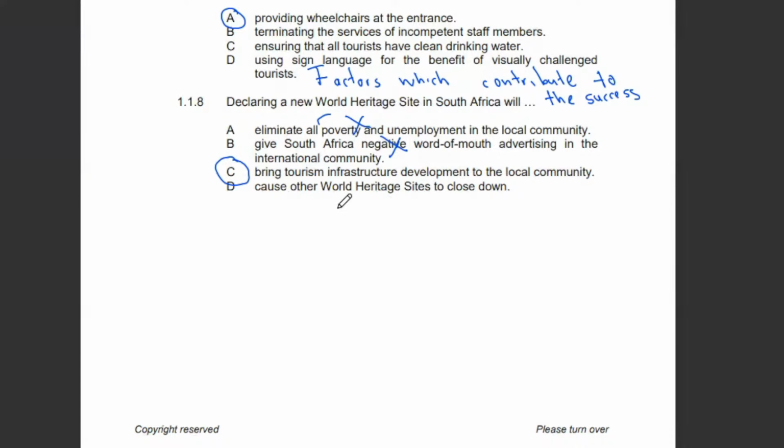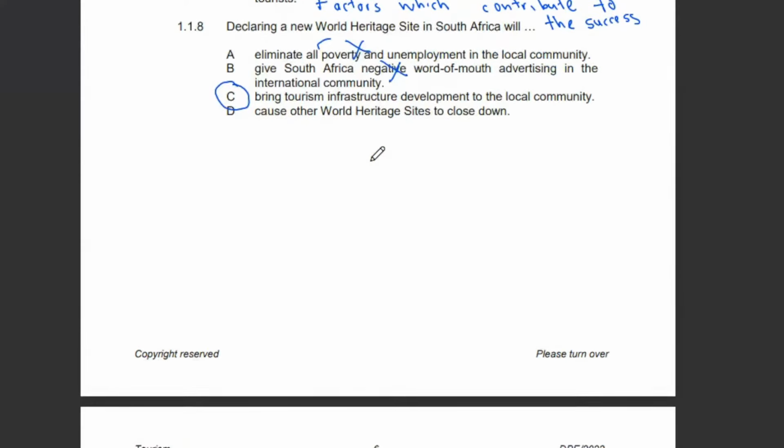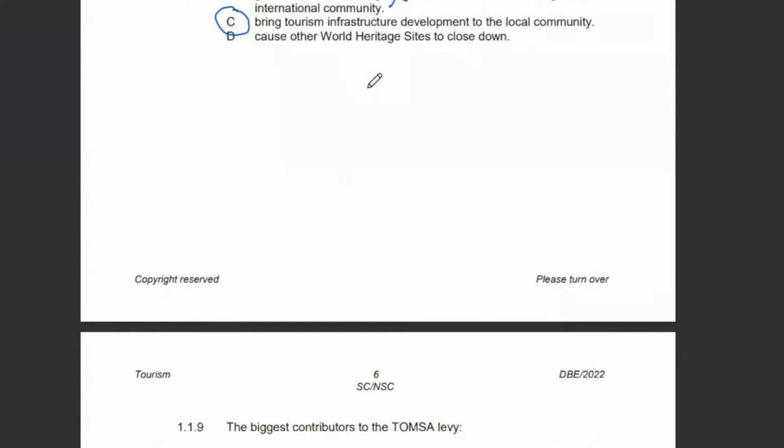It would support other surrounding World Heritage sites, in the sense that a tourist can come and visit one World Heritage site, then move on to the next. In that way, they can create a culture of interdependence, whereby different World Heritage sites support each other. So for 1.1.8, our correct answer would be C, bring tourism infrastructure development to the local community.